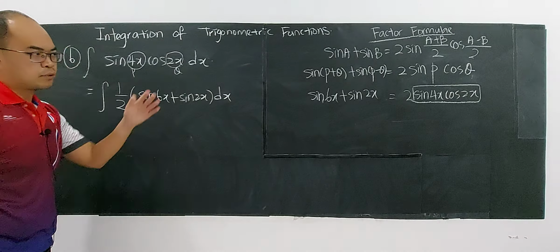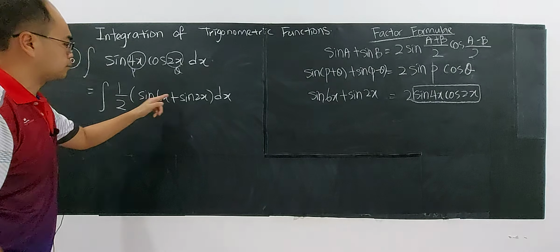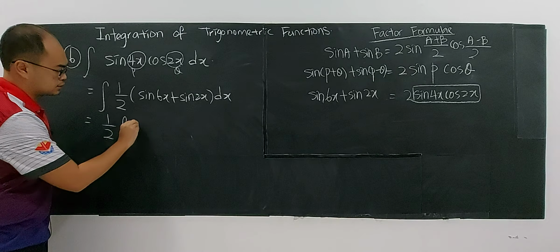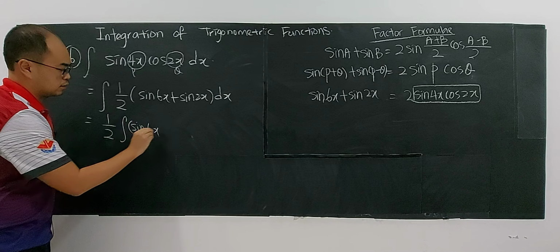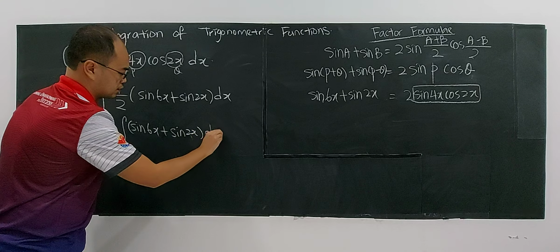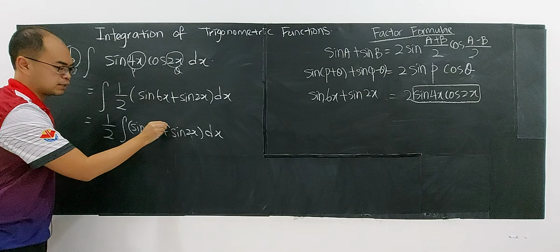Why am I doing this? So that I can apply the formula for integration of simple trigonometric functions. Because there's addition, I take out the 1 over 2 and I integrate sine 6x plus sine 2x dx. This is my purpose. I convert to become addition.